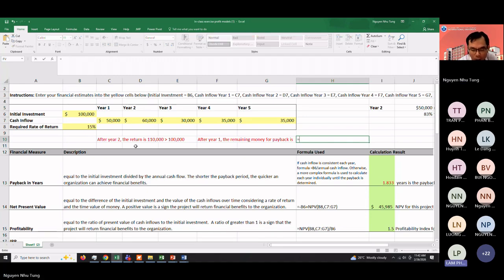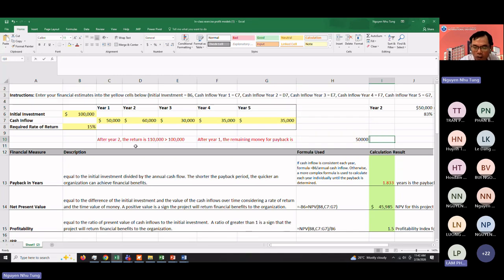After year 1, it should be 100,000 minus, after year 1, how much do we get? How much is the cash flow after year 1? 50,000. Good. So after year 1, the remaining money for payback is 50,000.